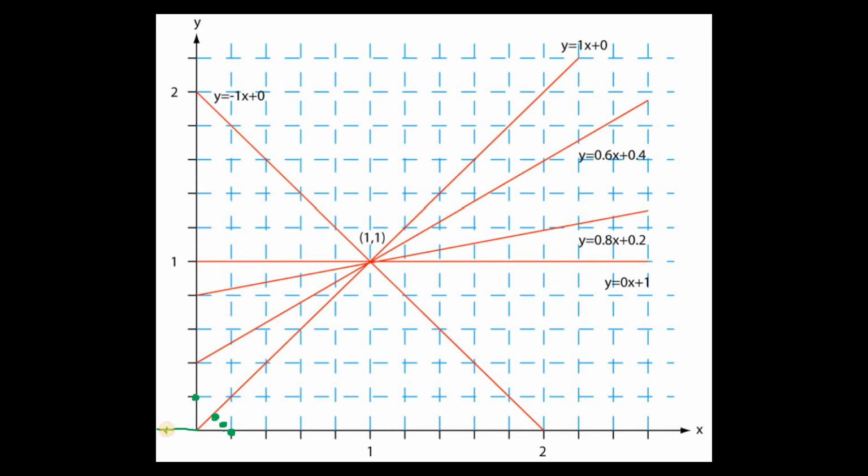So here it is, m is minus 1, this one was m is 0 and b is 1. I did a mistake.